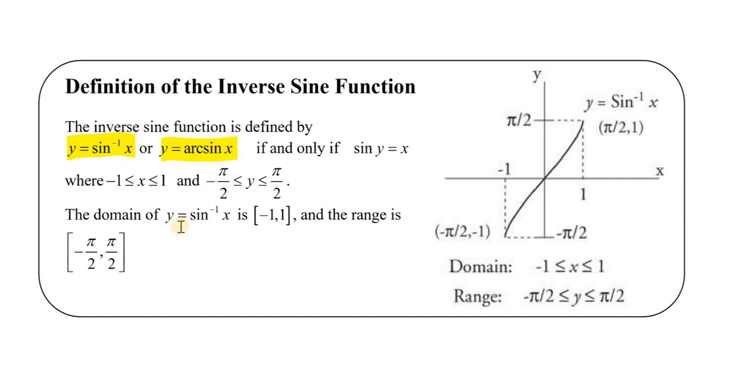So the domain of the inverse sine is negative 1 to 1, and the range is negative pi over 2 to pi over 2. Notice that those are the reverse of the domain and range for the sine function.